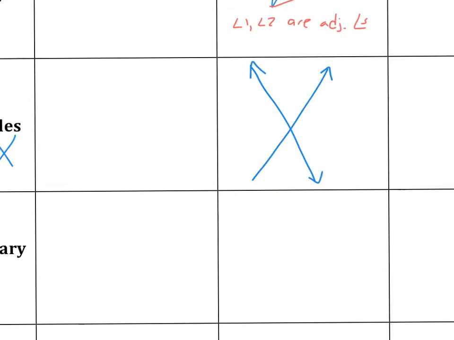In this diagram here, angle 1 and angle 2 are vertical angles. So they share a vertex, and they make an X. They share a vertex, and they form two lines.